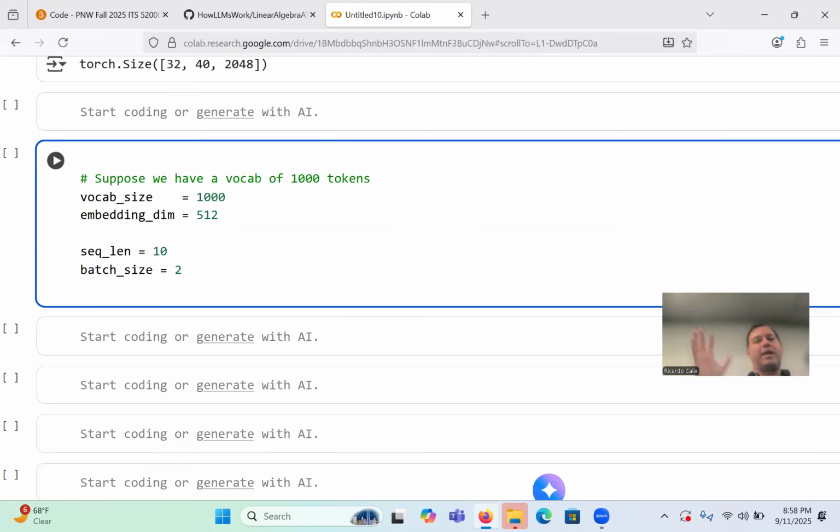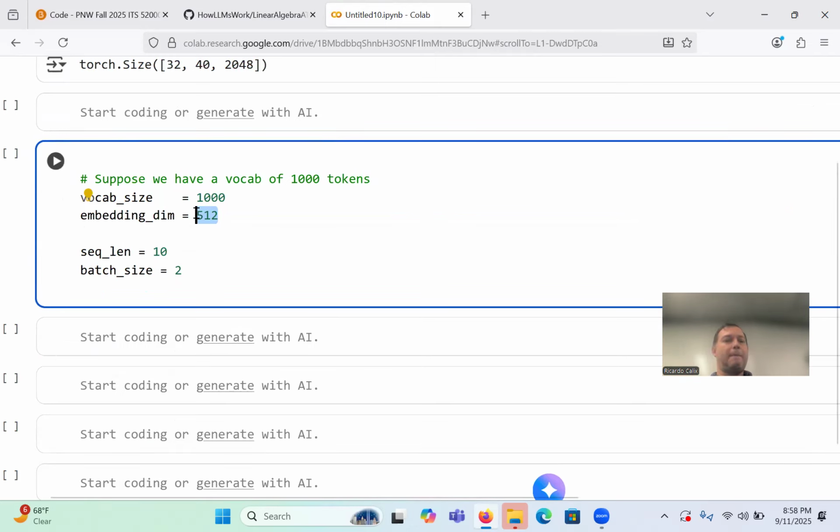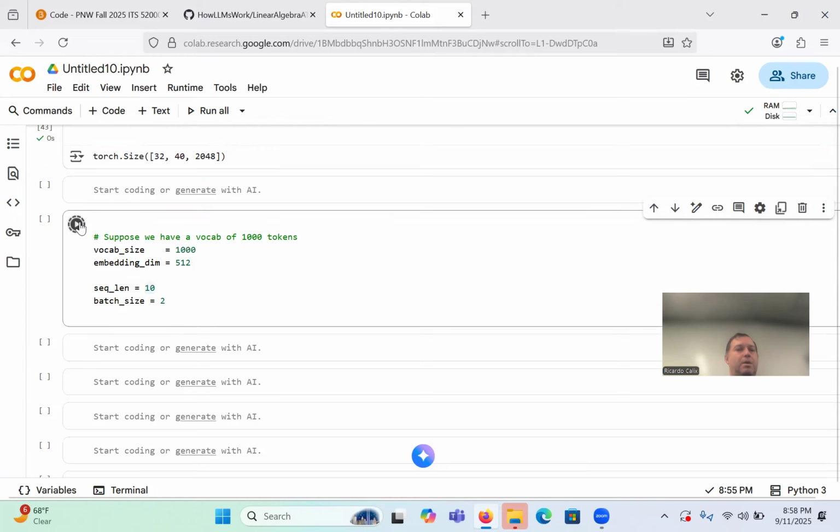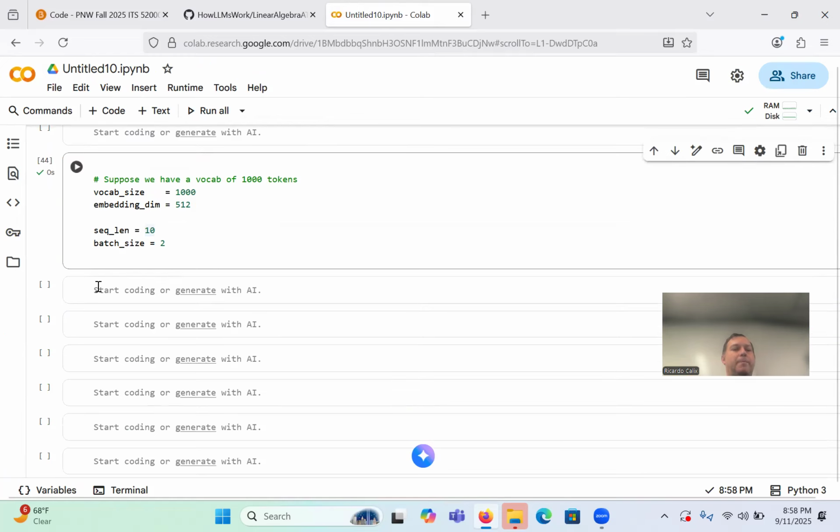And remember, I'm still just assuming words, although that's not the correct thing. Notice the embedding size is 512. For the sequence length, I want to be able to visualize this a little bit better, and 40 is too long to actually notice. So 10 is a little bit better, and just 2 sentences instead of 32. So the goal is to visualize this a little bit more.